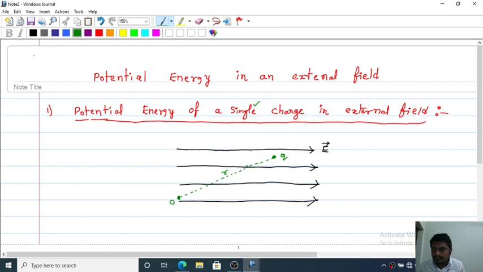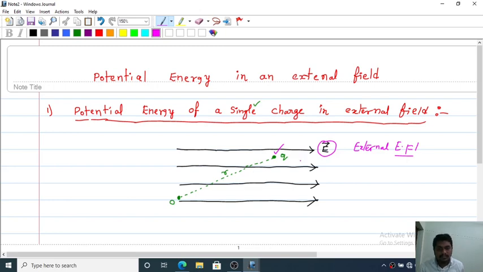Okay, I will take the first example. We will discuss the potential energy of a single charge in an external field. Let us consider a charge q placed in an external electric field. This is the external field.